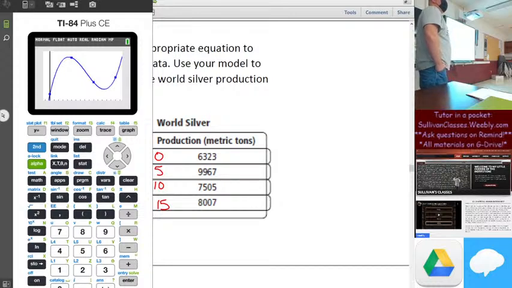Because it looks like a noodle. That is a cubic, degree 3.